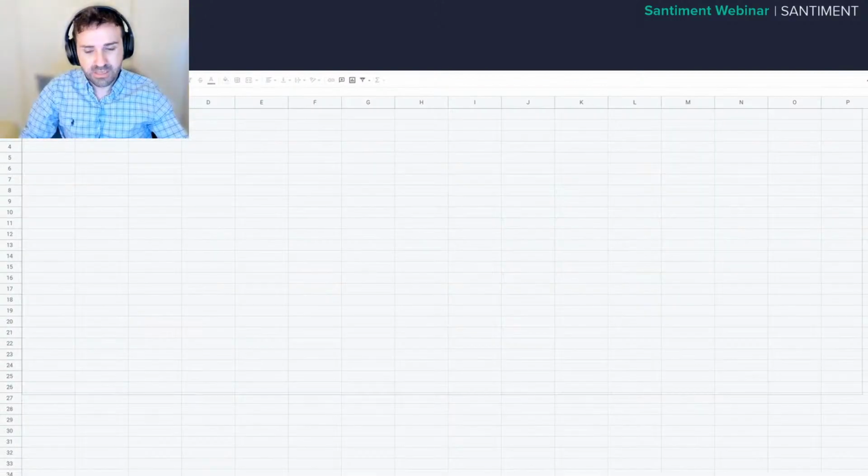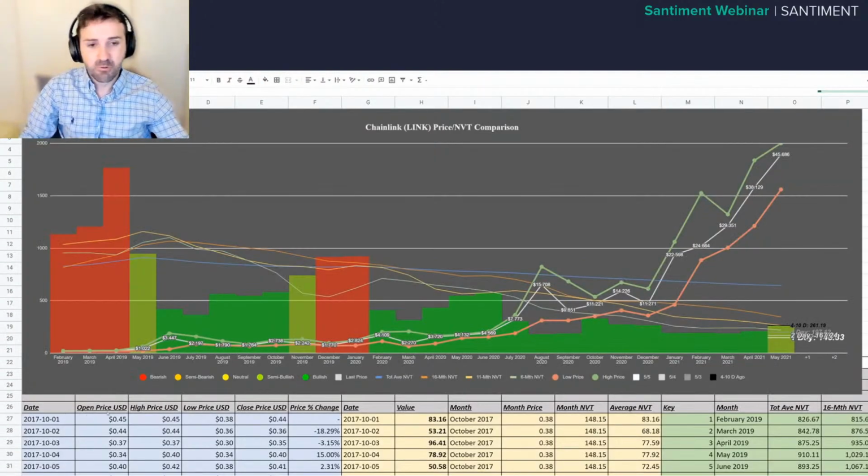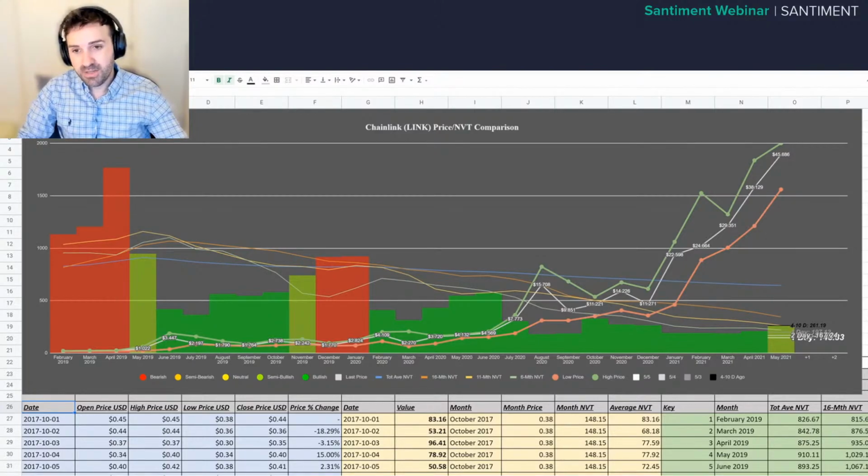We've got Chainlink here, we've got XRP, and if you ever want to switch to an asset of your choice, you can just go over here to where it says date and type in the ticker slug of your choice, put in the start date, going back to whenever that asset began to publicly trade, and you will instantly get new data compiling to give you a snapshot into how their network health is looking. So this model has just a few, but you can switch to whatever you want to curate it to your own trading strategies. So that's NVT.